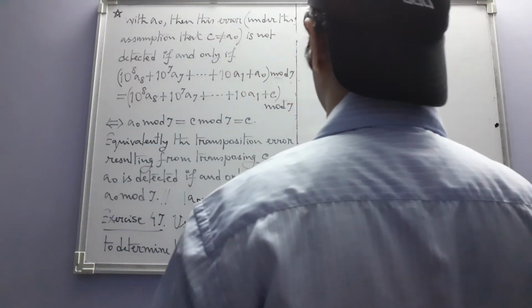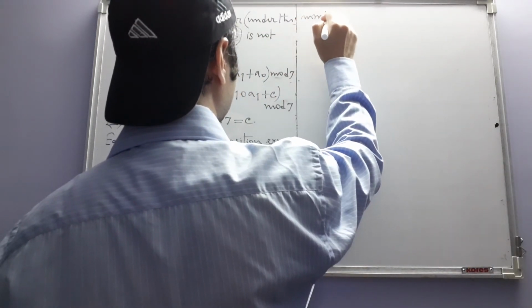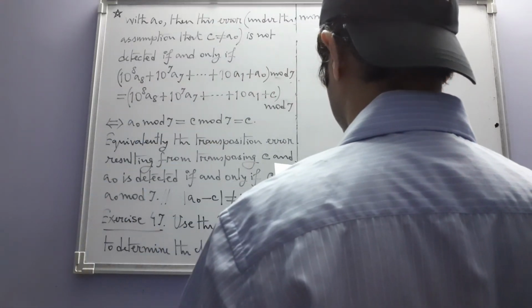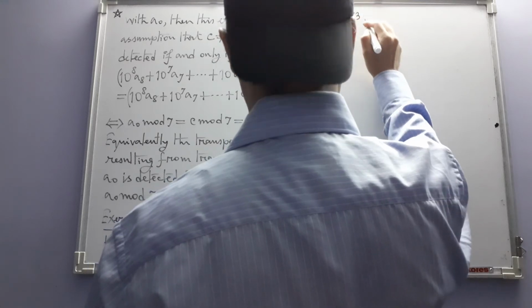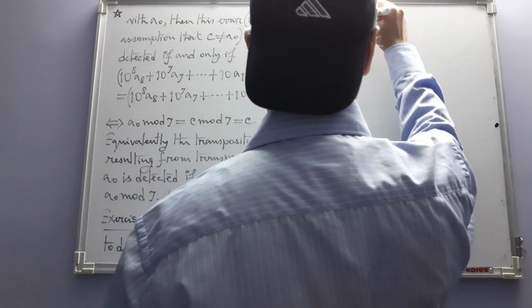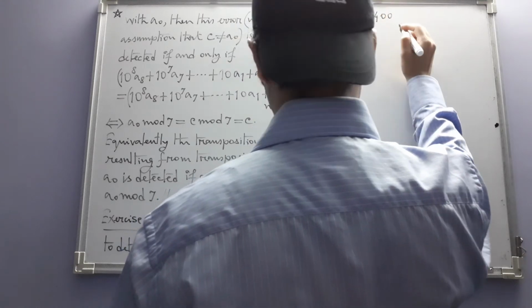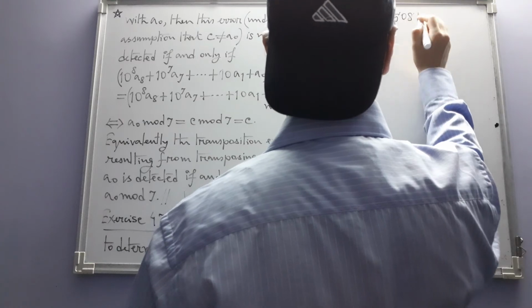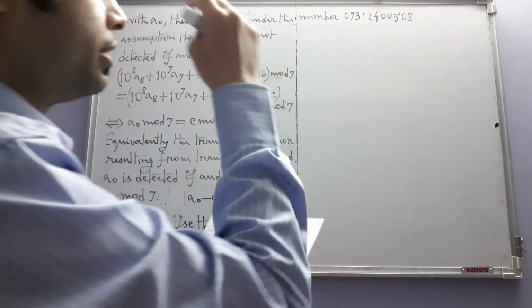So for this number 073 124 00508. So this is the number and the last one, 8, that digit is the check digit.